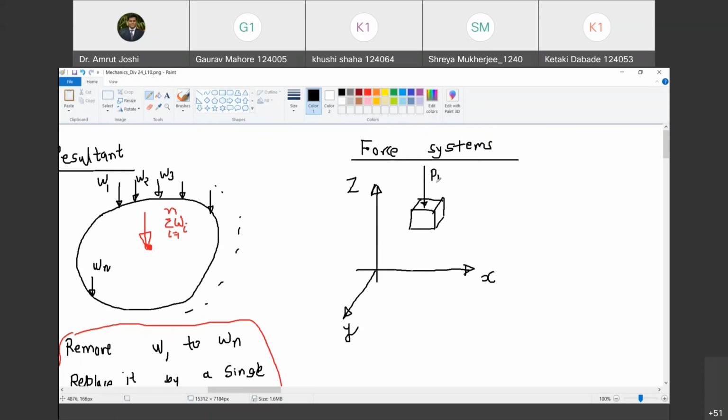This is P1, this is P2, this is P3, and this is Pn. So you have n number of forces shown in this nature, and let me call this point as point B.